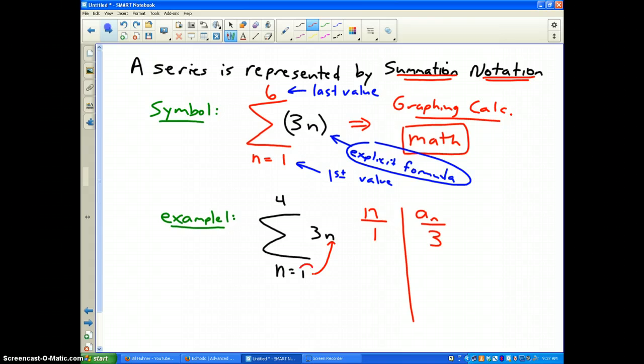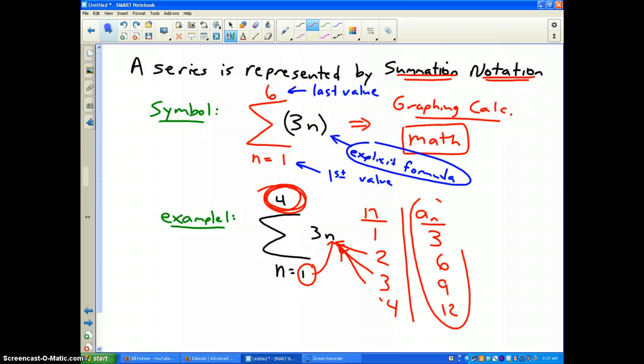Now, it says I need to go from 1 up to 4. That means I got to include every number between 1 and 4. So I put 2 in for n, and 2 times 3 is 6. Then I put 3 in for n, and 3 times 3 is 9. Then I put 4 in for n because 4 is my last number, and I get 12.